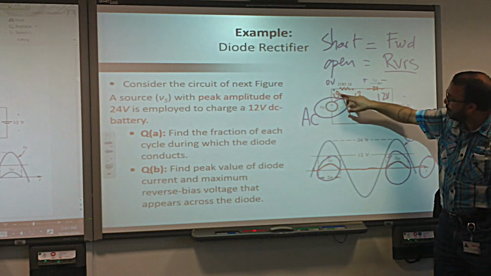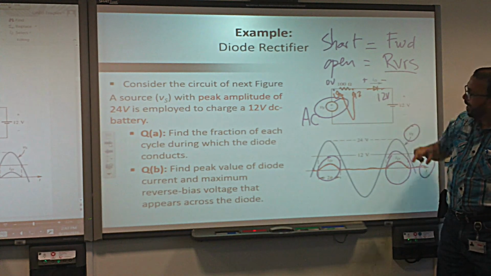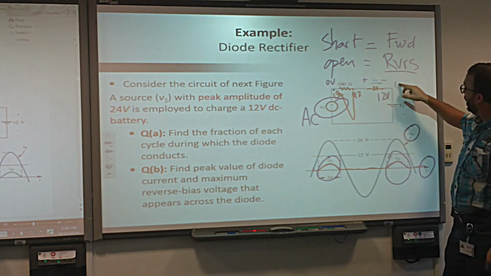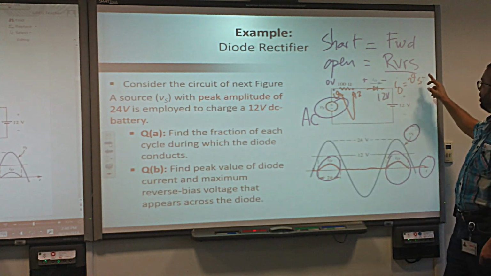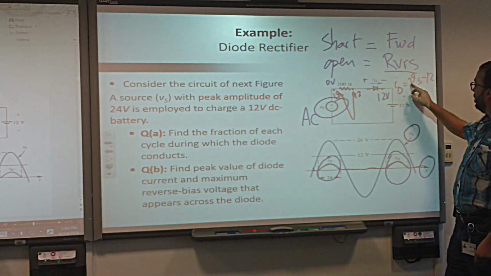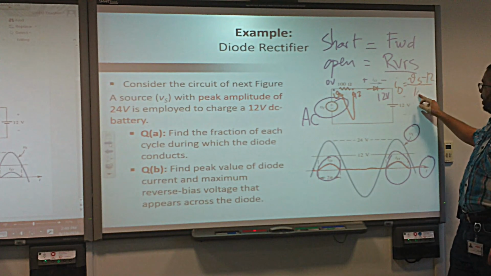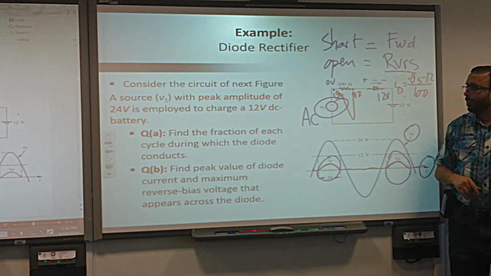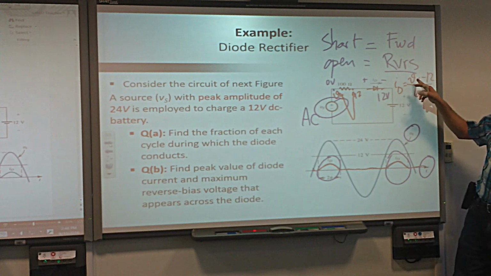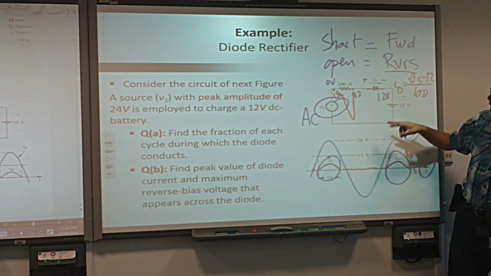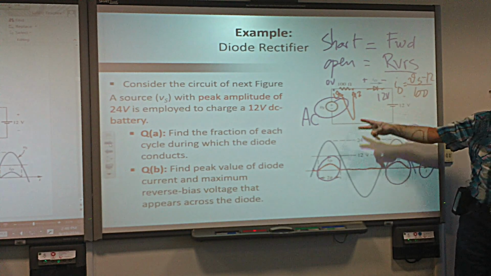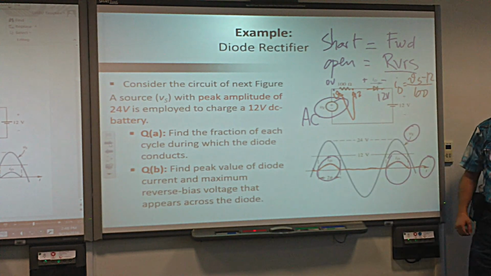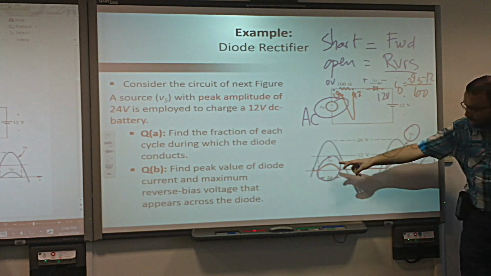Vs, then this one is bigger than this one, yes or no? So ID is going to be equal to Vs minus 12, divided by 100. Yes, that's it. And that Vs is sinusoidal, yes or no? That's why ID will also be sinusoidal. So I have to replace it with sine, yes or no? Do you understand? And that's why it's like this.